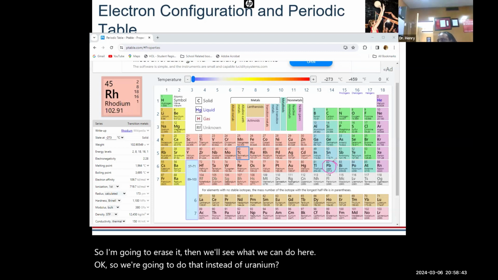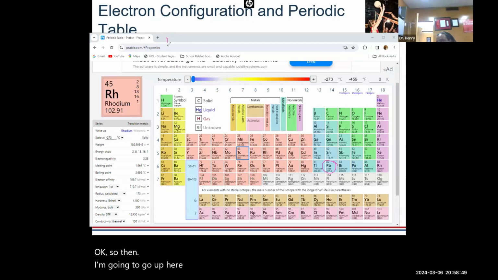I'm going to go up here and write our colon, and then our bracket. So what's going to go in our bracket? Here's lead. What noble gas is before lead?